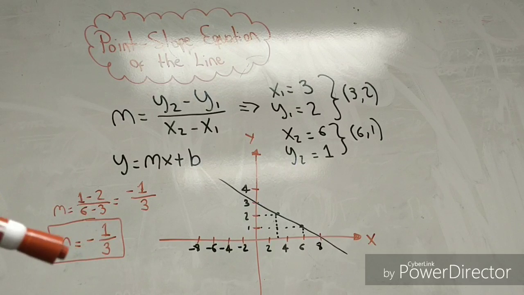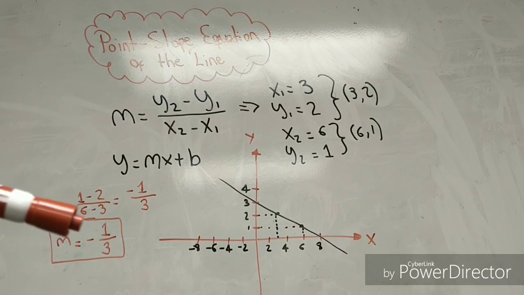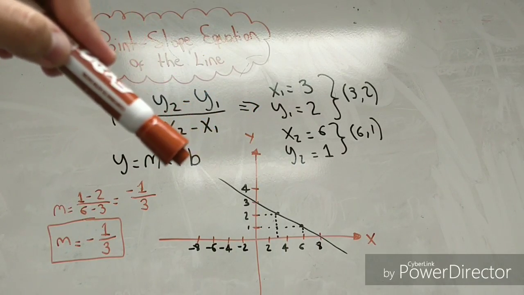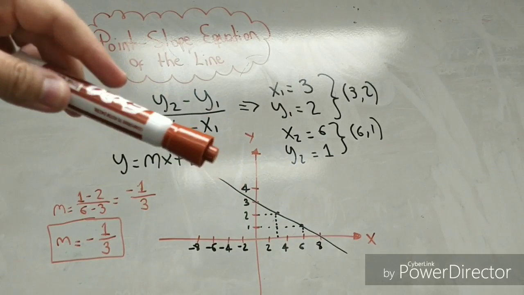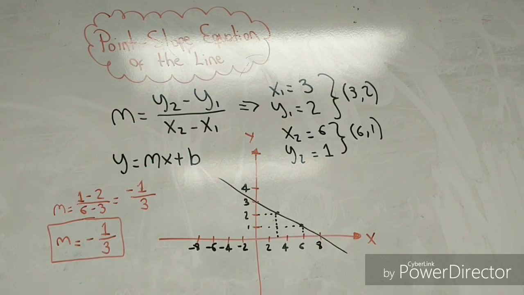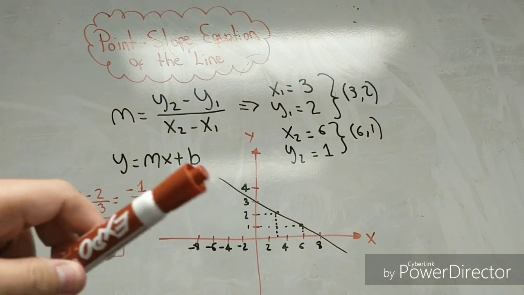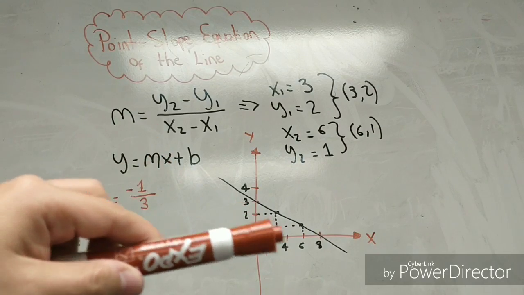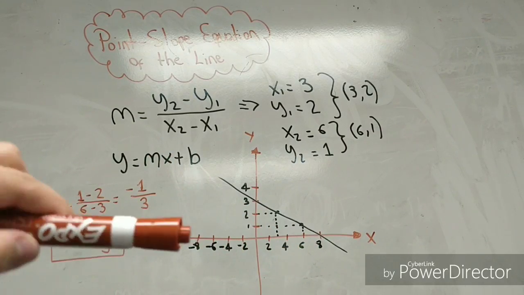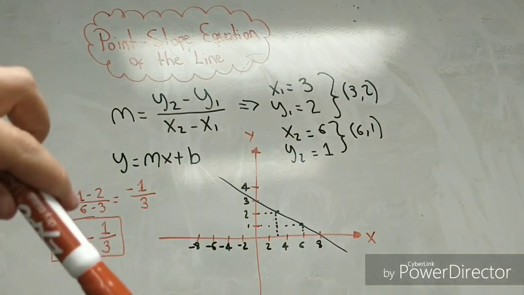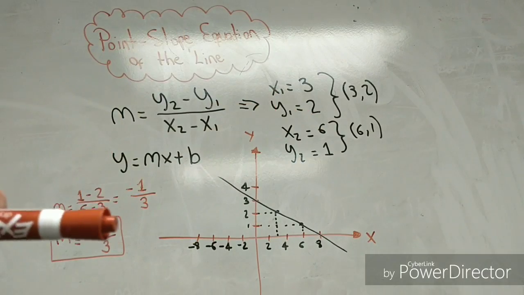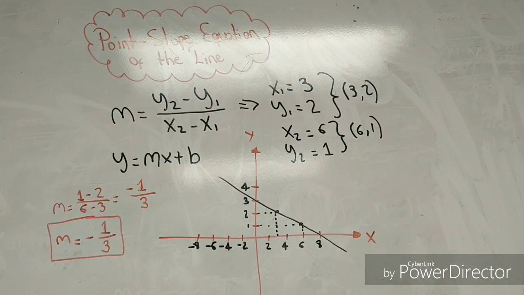The first thing to notice here is that the slope is negative. We can certainly say that because the line is going from up to down. If it was going from bottom to top, the slope would be positive.